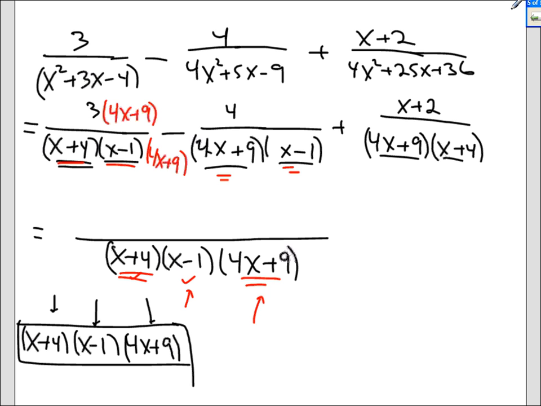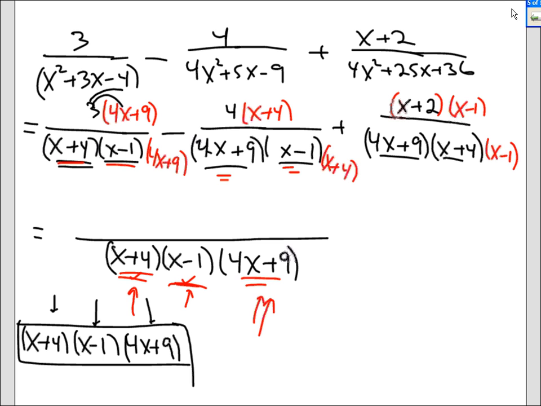It needs x plus 4. Okay? X plus 4 on the top, x plus 4 on the bottom. The last fraction. It has 4x plus 9 and it has x plus 4. It's missing x minus 1. So I multiply top and bottom by x minus 1.